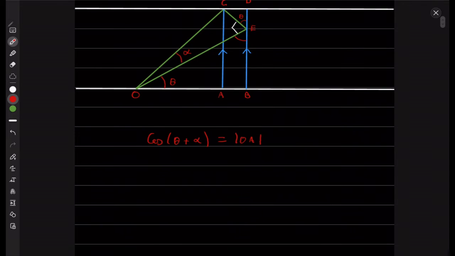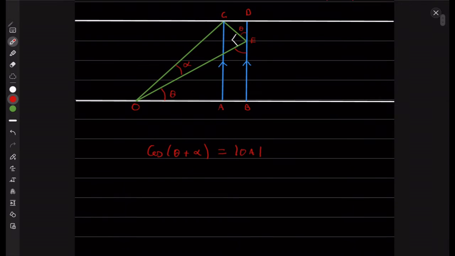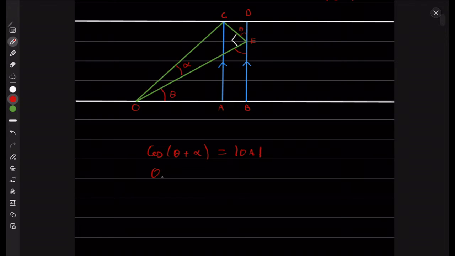So now we can also say that OA is equal to OB minus AB. This over here minus this gives you OA.